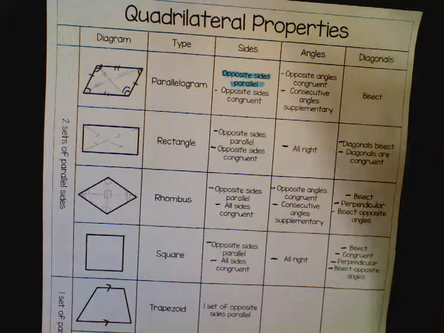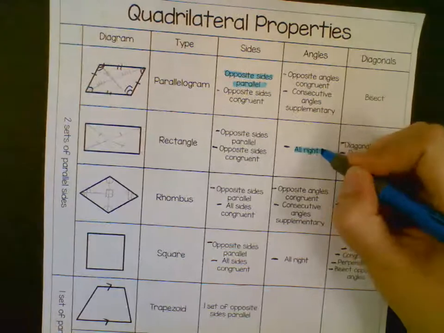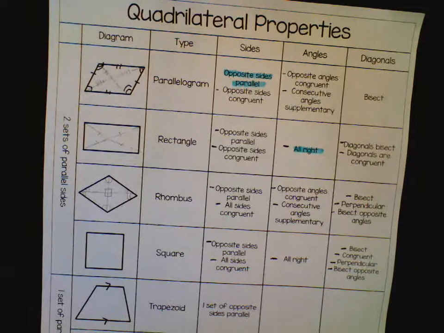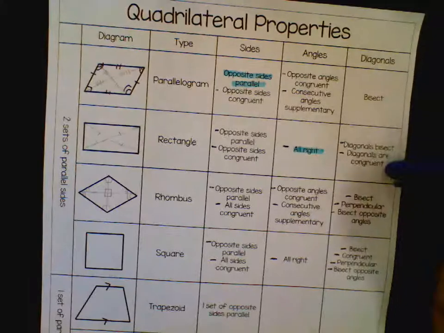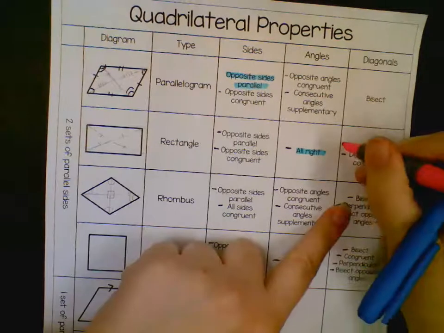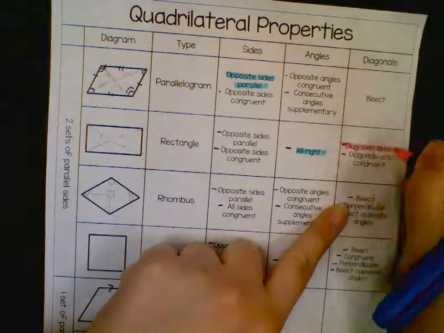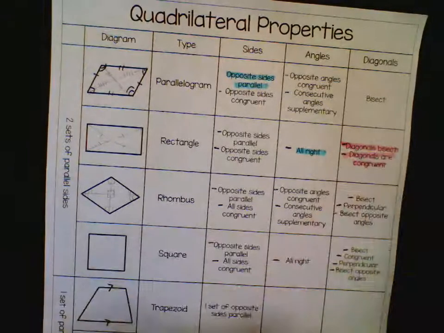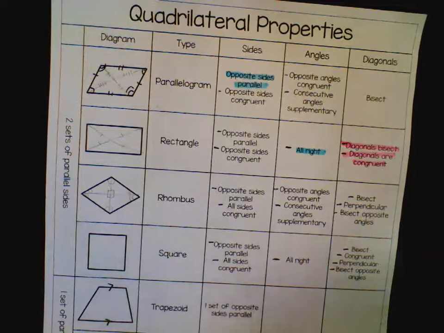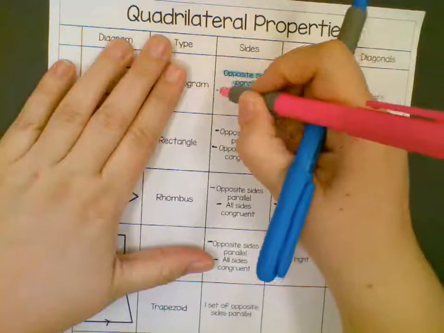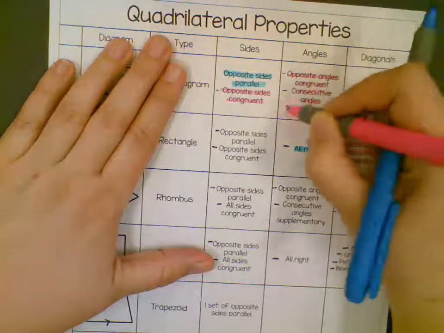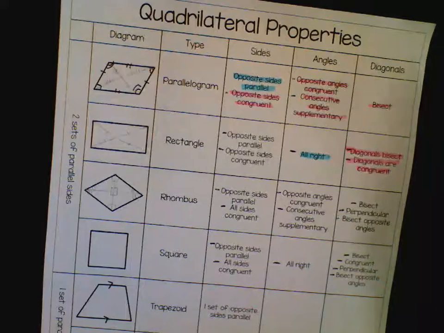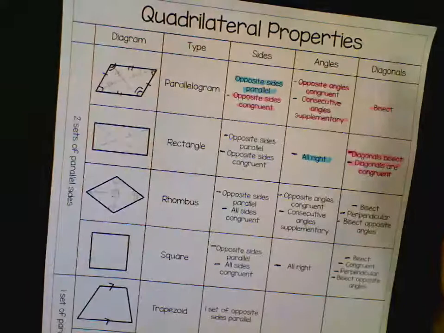So the definition of a rectangle is that all those angles are right. So these are because it's a parallelogram, and these two are special for the fact that it's a rectangle. Okay, so those are special rectangle properties. These were special parallelogram properties. These are because it's a parallelogram.